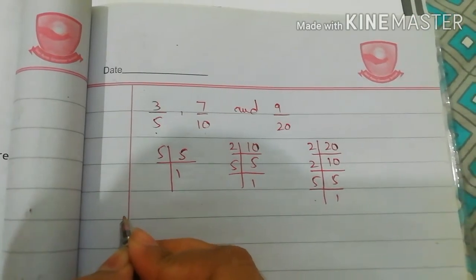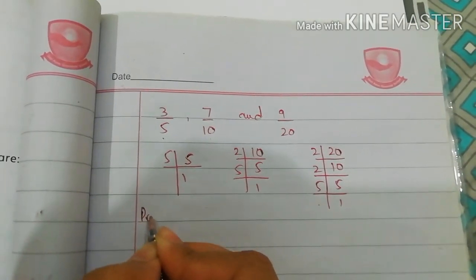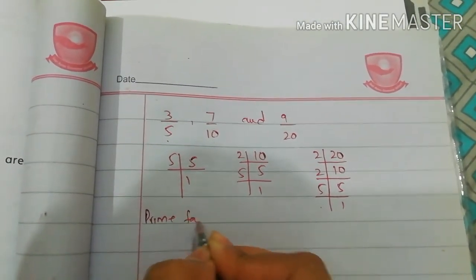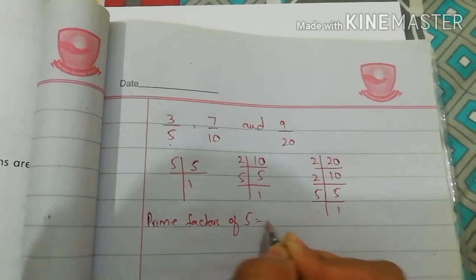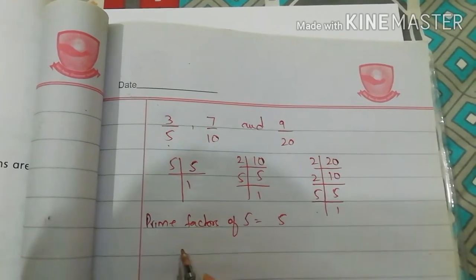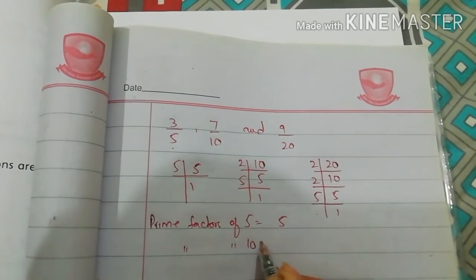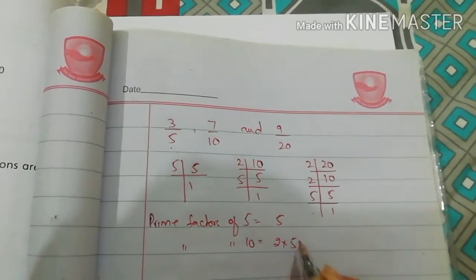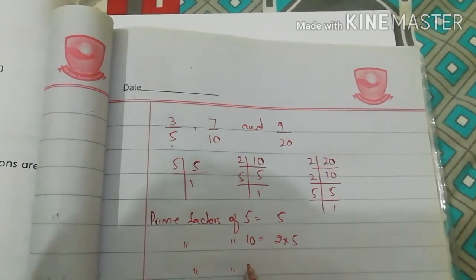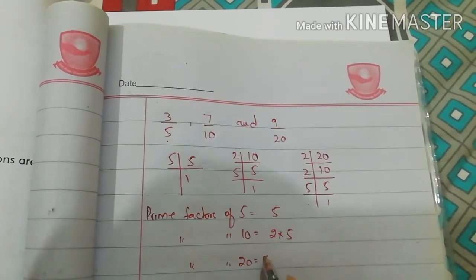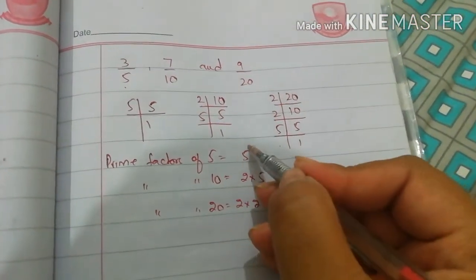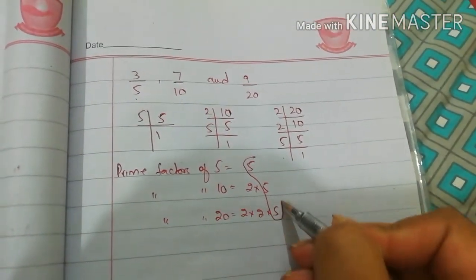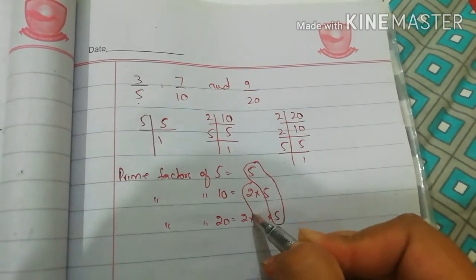Now the prime factors of 5 are 5, the prime factors of 10 are 2 into 5 and the prime factors of 20 are 2 into 2 into 5. So the common factors are 5 and 2.